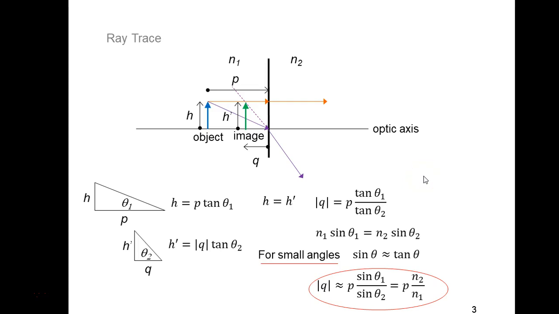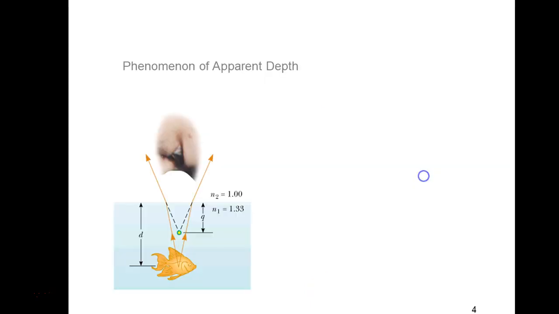Okay, well, let me go to the next slide, because it does show a fish. So here is somebody viewing, for instance, a fish in a pond or an aquarium straight down. Again, this just shows how the image is formed. So this point on the fish here will be imaged up here at this yellow point. The actual object distance, or depth, if you will, of the fish, we label D in this picture.